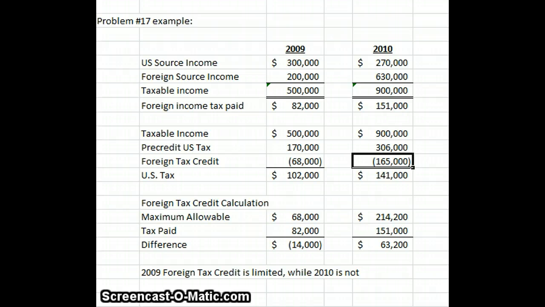So we have a carry forward situation there. So my $165,000 deduction is that $151,000 taxes paid plus the $14,000 carryover from the previous year that I was not able to deduct. So my total foreign tax credit is going to be $165,000, leaving me a U.S. tax of $141,000.